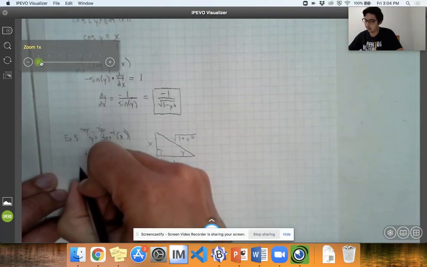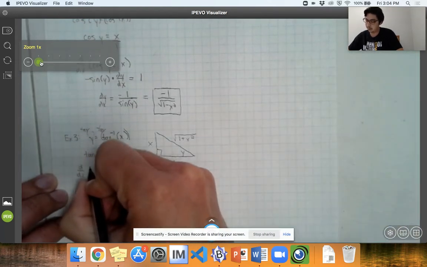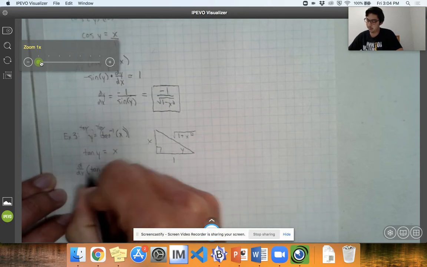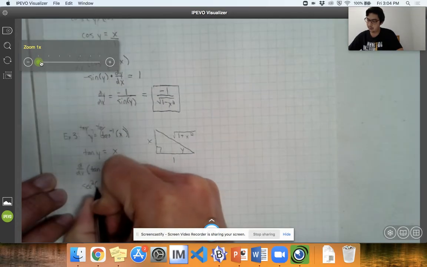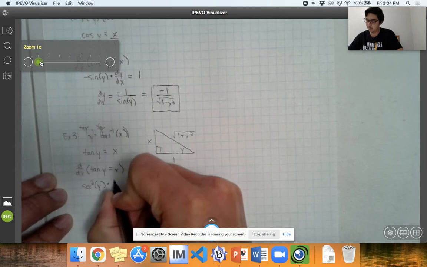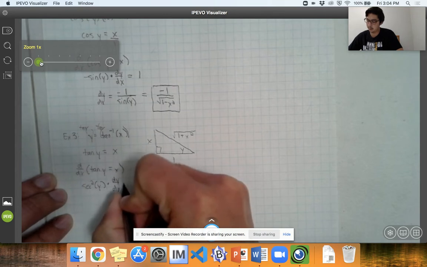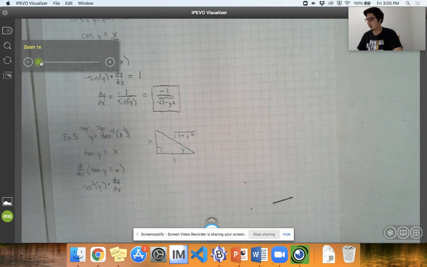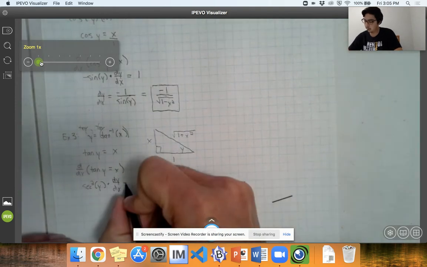So then if we take the derivative of this function, tan of y equals x, we'll have the derivative of the outside, leaving the inside alone, times the derivative of the inside is equal to 1.